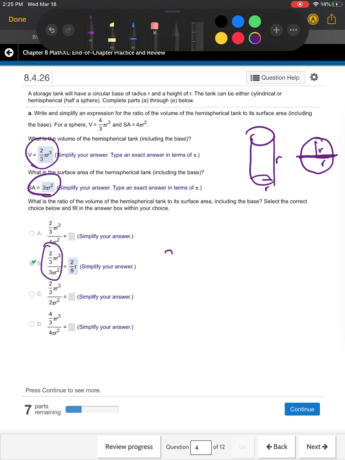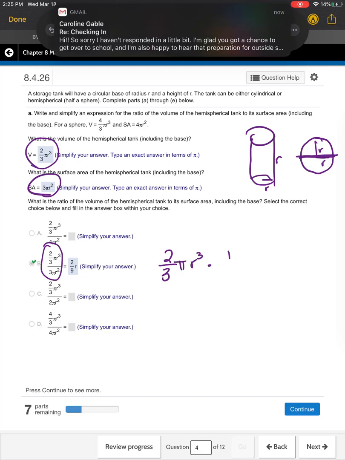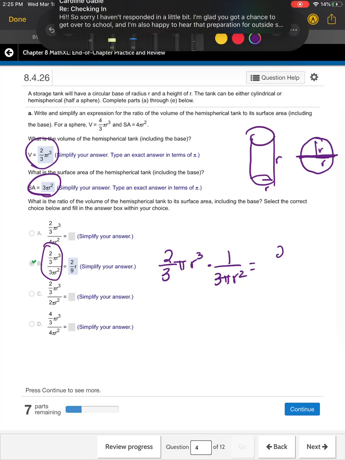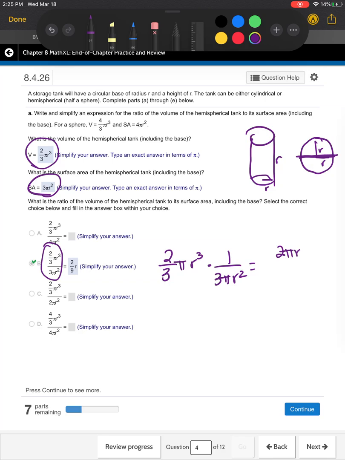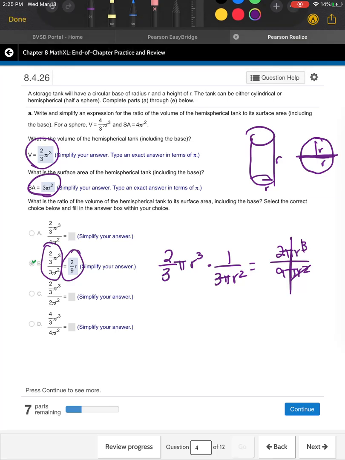To simplify that, we copy the numerator, turn the vinculum into a dot, and we flip the denominator. So we get 2 pi r cubed over 9 pi r squared. The pi's cancel out. The r squared cancels out with 2 of the r's in the r cubed, giving us 2/9 r. Okay, so that's part A.